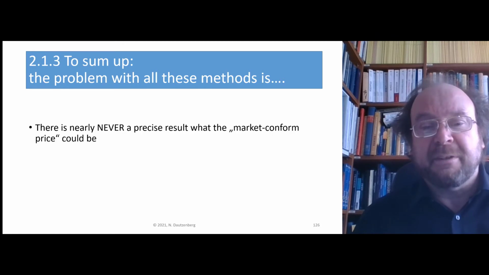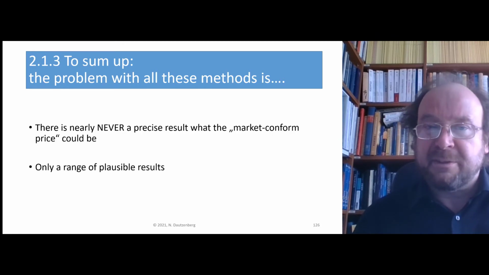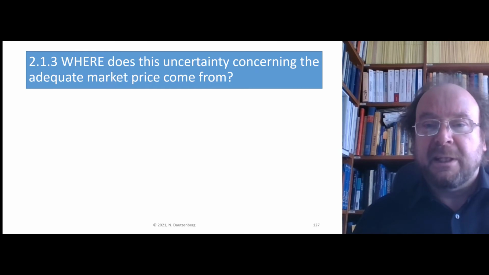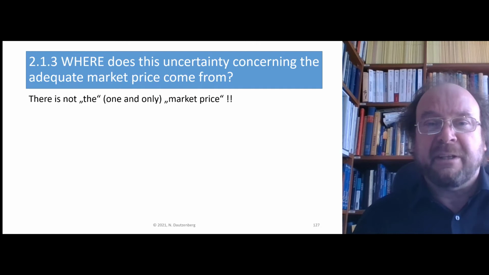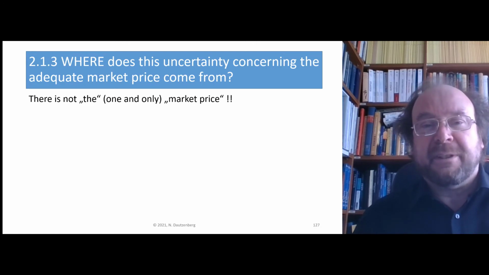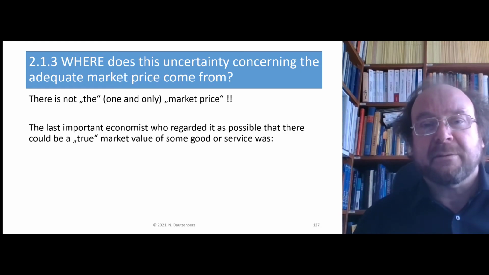But the problem is you never get the one and only price. You get only a range of plausible results. And this causes a huge amount of uncertainty wherever you have to do with all that. You need to find the result, but there is not the one and only result, so you can only guess around. It's rather a fiction that you can find the market price.